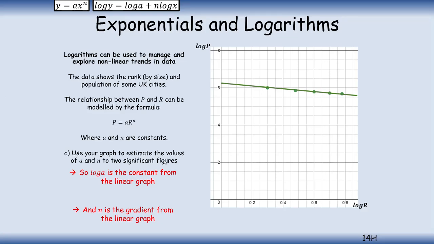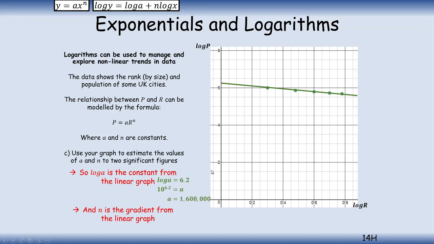From our graph, you can see that log A intercepts the log P axis here, and that's going to be at 6.2. We can determine A then as 10 to the power of 6.2.